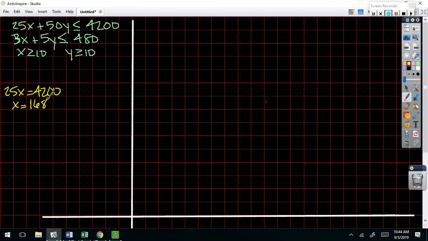And then I do 50y, that's 4,200 divided by 50, which is 84. I thought she said 684, and I was like, I think not. All right, about 8.5, 84.